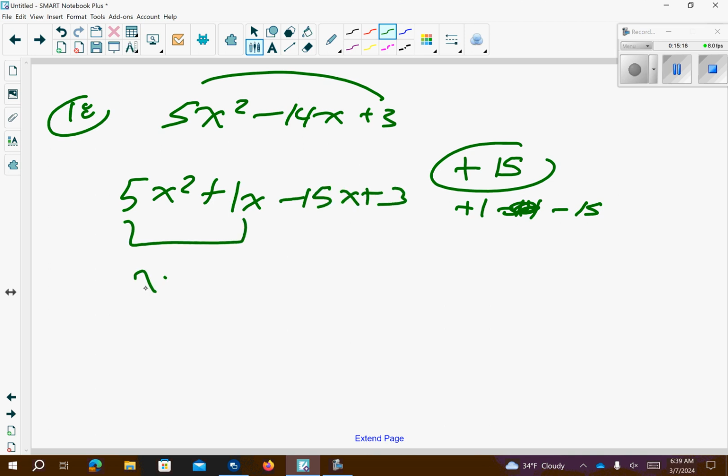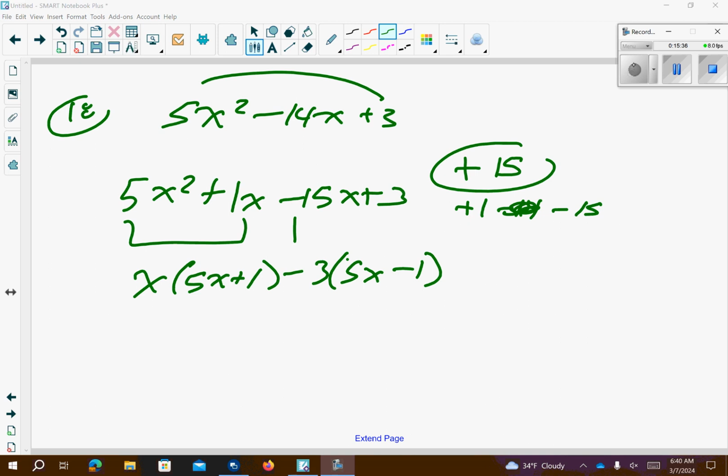Let's factor an x out. Bring that negative down. Factor a negative 3 out. Change the signs. Wait a minute. Well, we see here once this factors out, notice that's a positive 1, that's a negative 1. This one actually comes out to be prime. I didn't realize that. It didn't work.